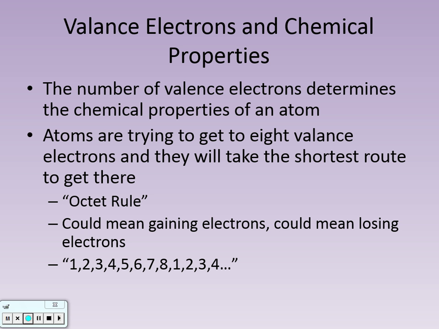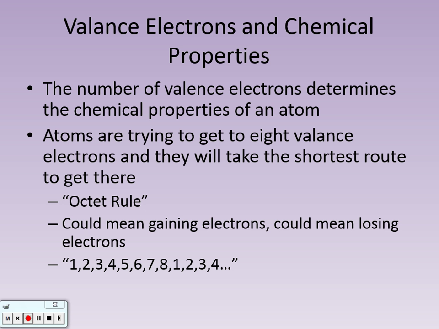If we look at the pattern down at the bottom, this would be a description of the number of valence electrons as we move across the periodic table. 1, 2, 3, 4, 5, 6, 7, 8. That gives us the noble gases. We go down to the next row, and the next row has 1 valence electron at the very far left, right?